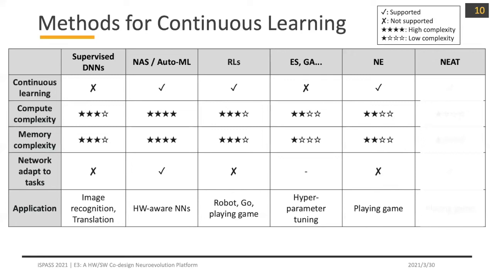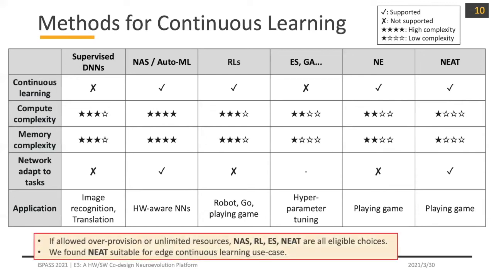It can do continuous learning, and it only has forward path, so it has relatively low compute and memory complexity. But the network needs to be predefined. A variant of neuroevolution, NEAT, is featuring that the network can adapt to the task, so it can do continuous learning and can potentially not over-provision the network complexity.